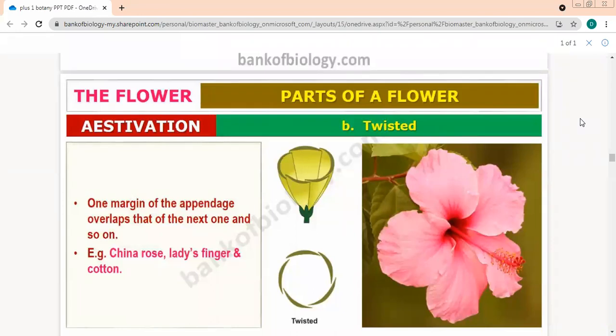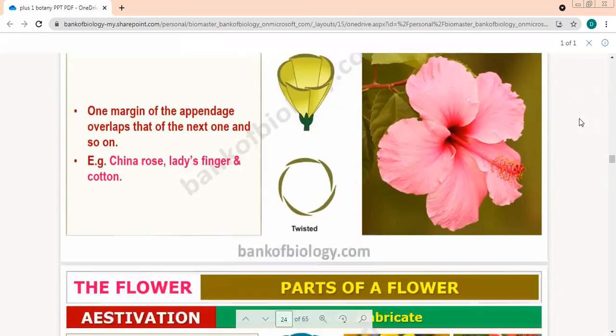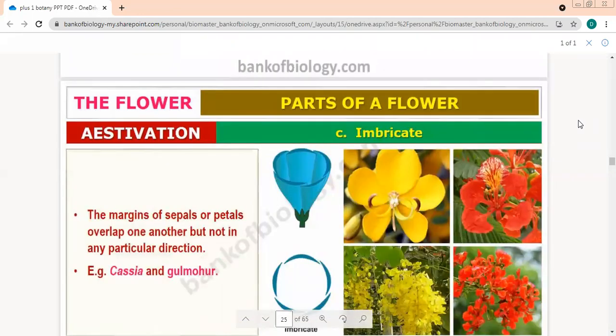Are you understanding a little, or nothing? Yes, ma'am, somewhat. Okay. Like all other topics I told you, they're not that complicated. The only problem is that had it been an offline class, I would have shown you the actual flower.